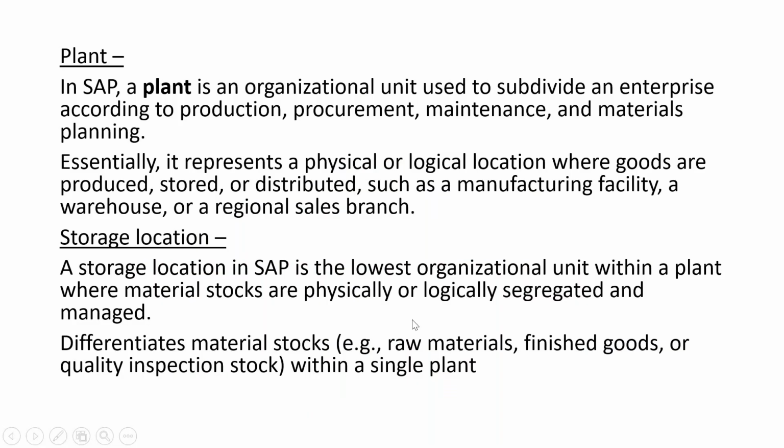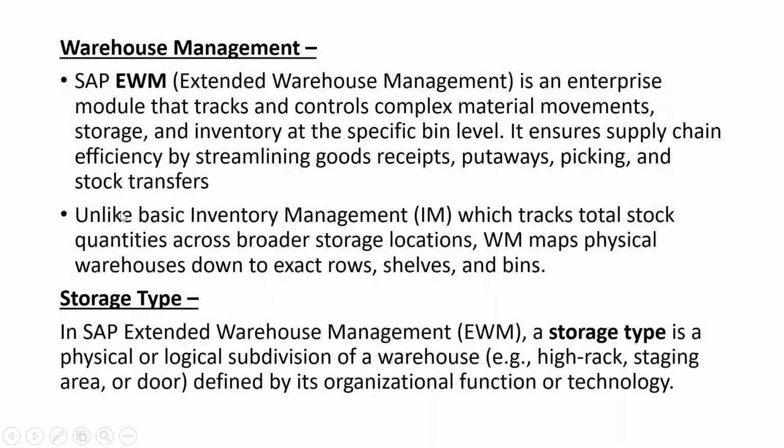In the storage location, which comes under the inventory management module, we can physically and logically segregate. But what differentiates IM and WM is that in IM we can track total stock quantities across all the storage locations.